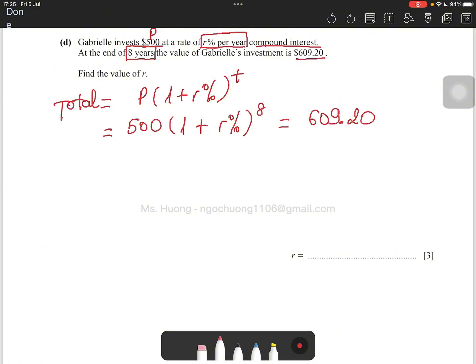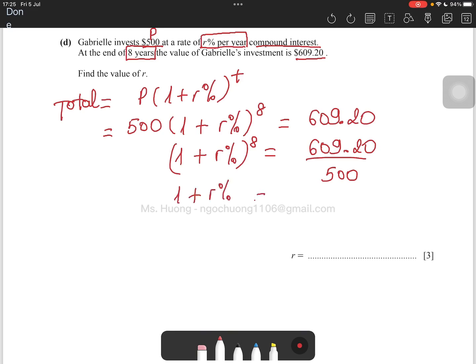To do this, first we will remove the number 500 by dividing both sides by 500. Next, we'll remove the power of 8 by taking the 8th root for both sides. Then I'll remove the number 1 by subtracting 1 from both sides.